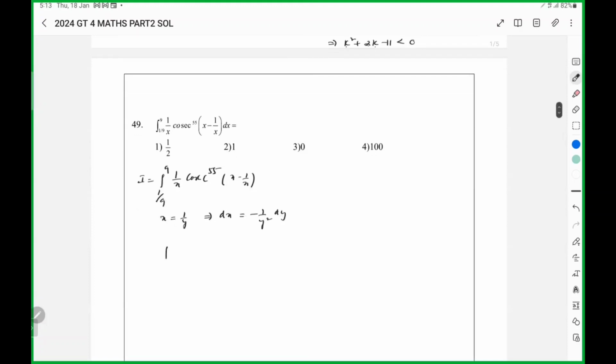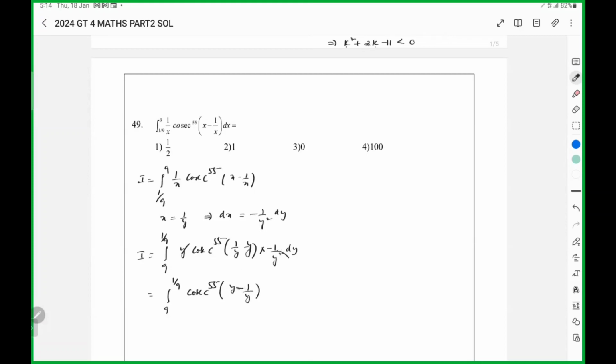And x is 1 by 9, y will be 9. Here you get 1 by 9, cosecant power 55, 1 by y minus y. This gets cancelled. Here minus is there, I will write.